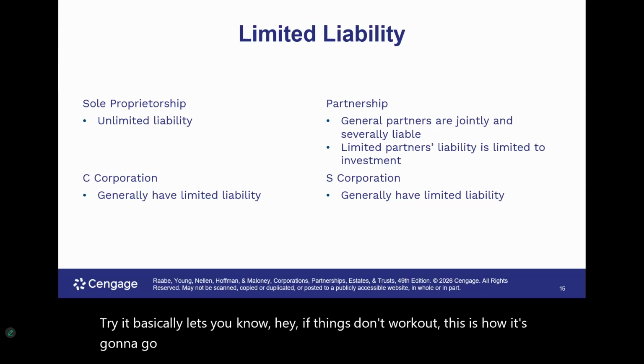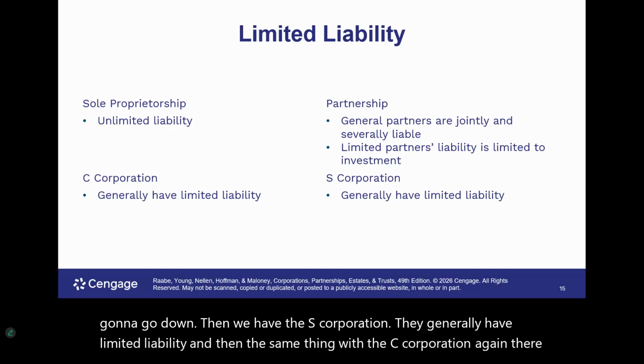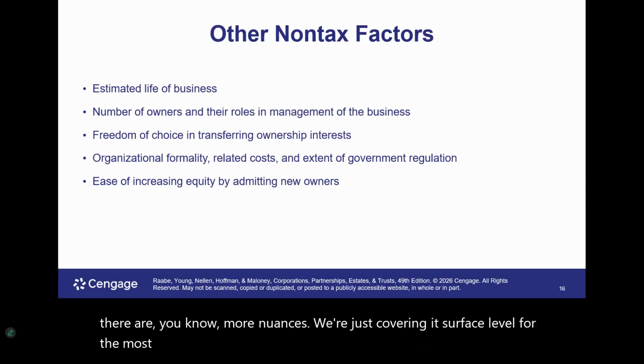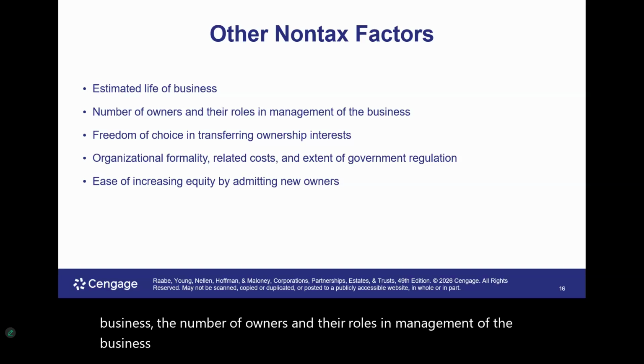Then we have the S corporation. They generally have limited liability. And then same thing with the C corporation. Again, there are more nuances. We're just covering it surface level for the most part. Some other non-tax factors: the estimated life of the business, the number of owners and their roles in management of the business. Because what we're learning with S corporations is they are limited to the number of shareholders.